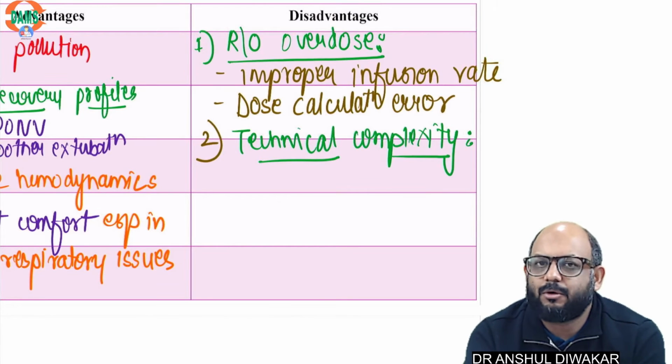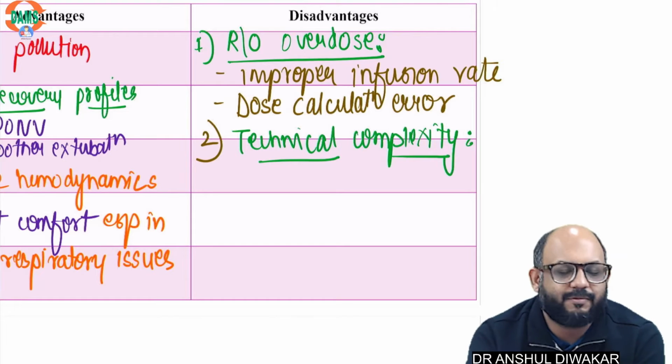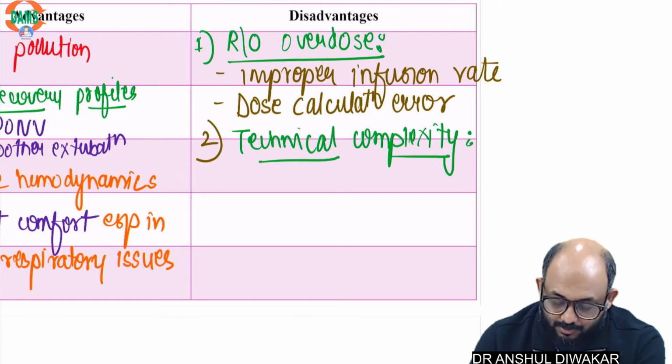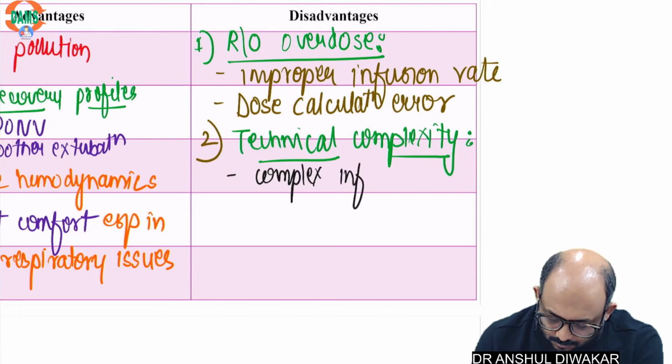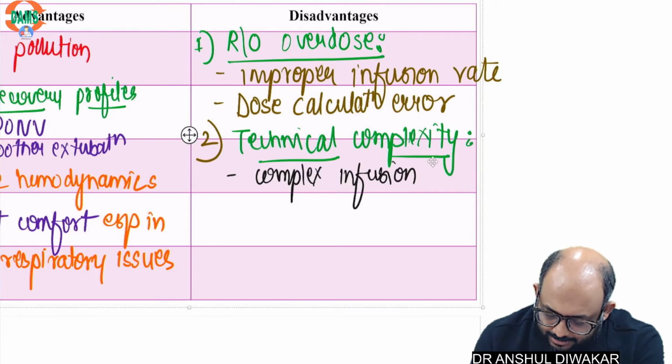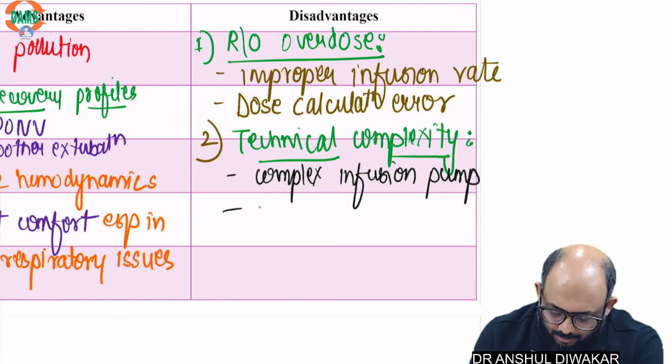Otherwise, if you tell me that tomorrow I don't have a vaporizer, so give me a very good anesthesia, it would not be very easy, because you have complex infusion pumps which are expensive also. They are not very cheap, and it is difficult to monitor.